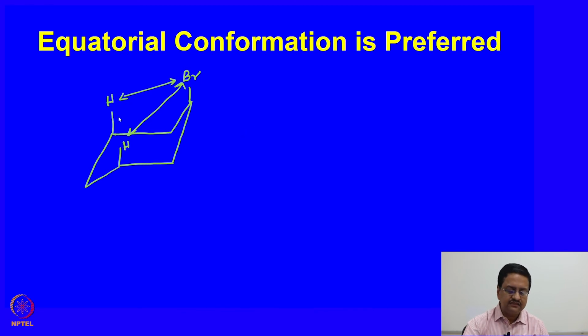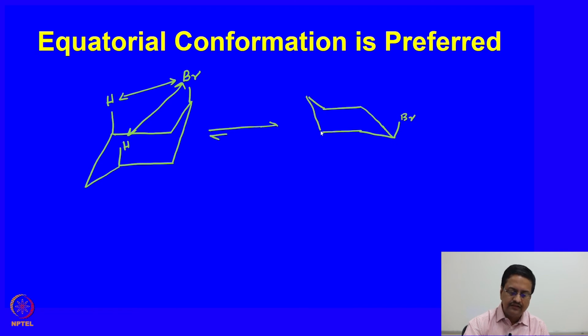So as soon as this kind of situation arises because of a large bromine atom or large methyl group present on the carbon atom, then the ring flips spontaneously towards the other chair conformation where the bromine goes to the equatorial position and the steric strain is released.